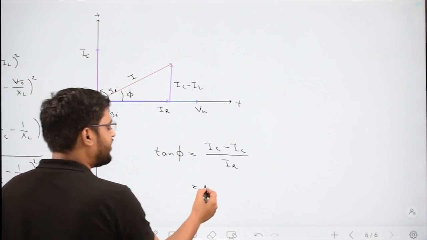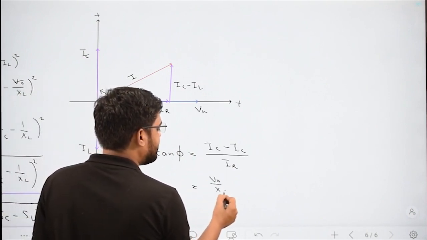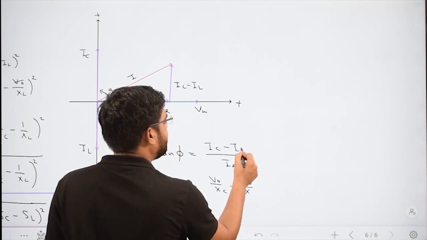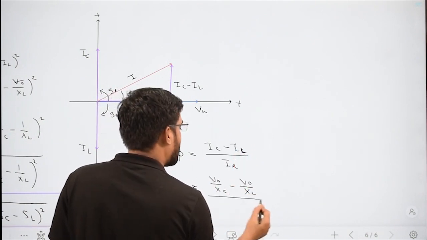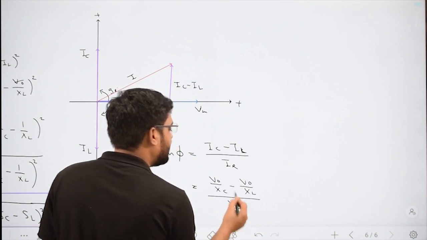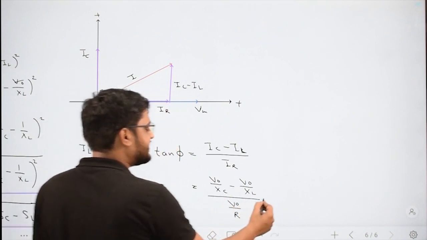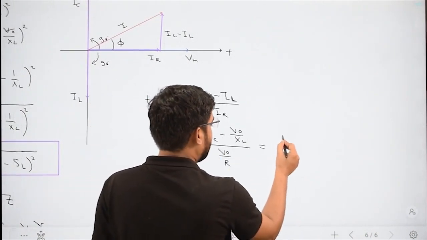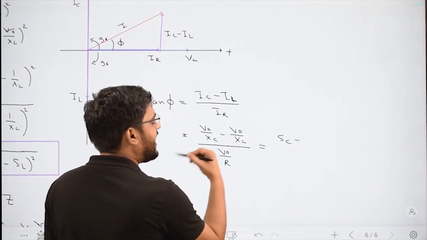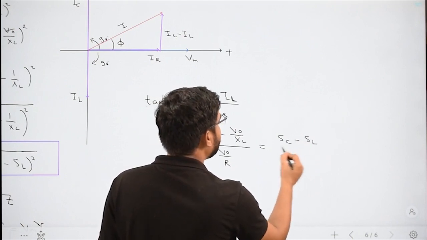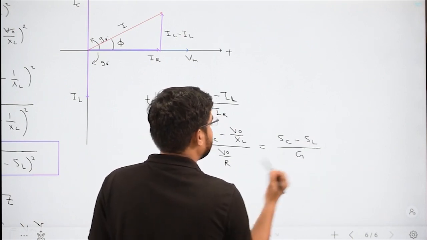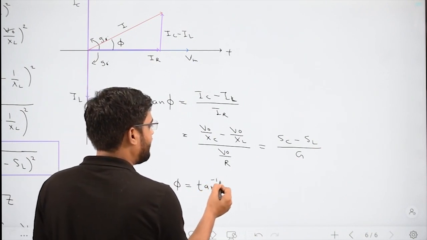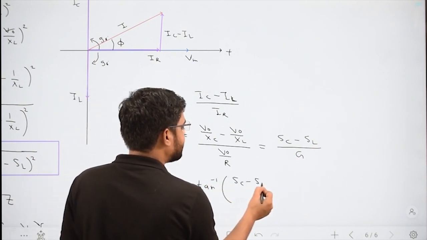So this is V naught by XC minus V naught by XL upon V naught by R. V naught can be cancelled out. 1 by XC is nothing but SC, minus 1 by XL is nothing but SL, and 1 by R is nothing but G. So I'll be saying phi is nothing but tan inverse of SC minus SL by G.